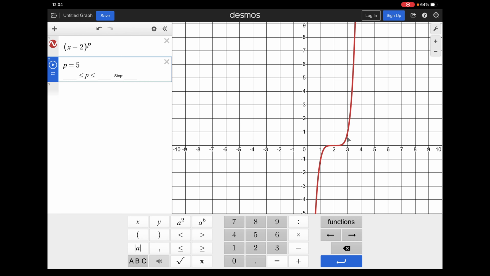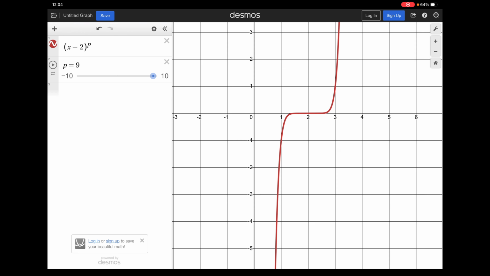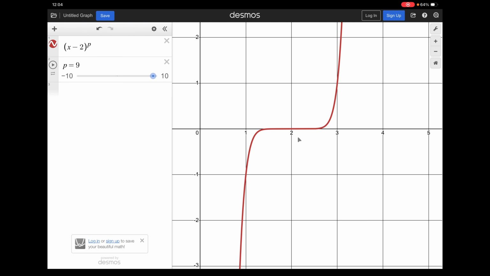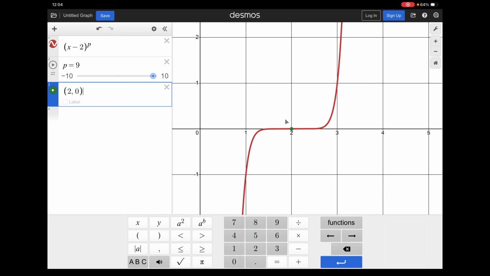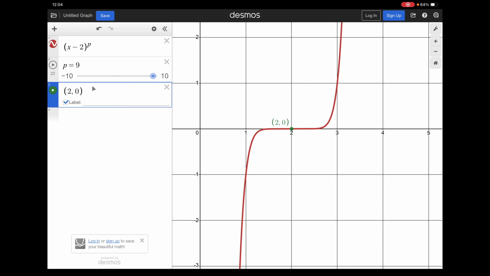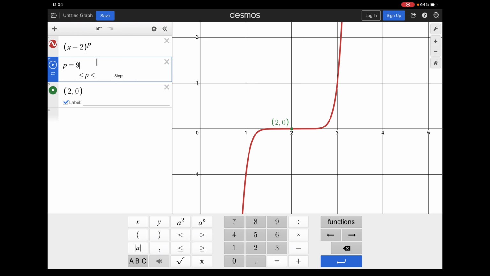It crosses through. You will notice that the larger the exponent, let me zoom in, the flatter the graph is as it approaches this point of intersection. You can see that it's a little bit flatter. Compare that to 3.